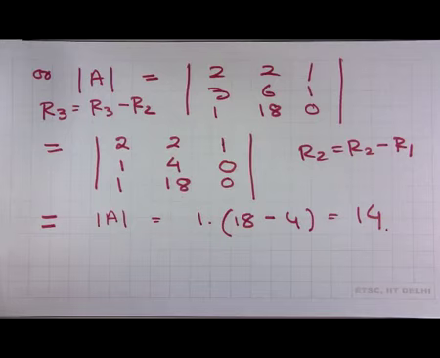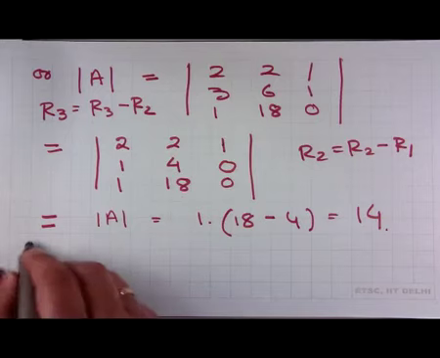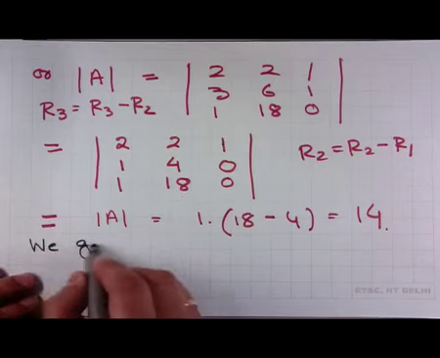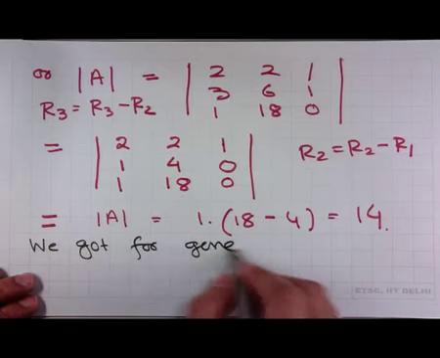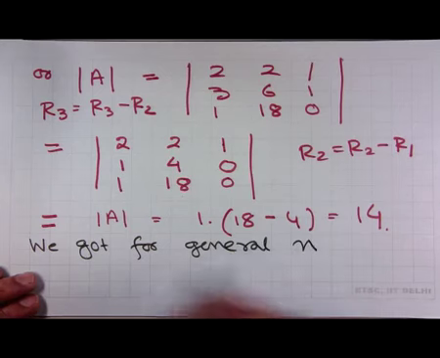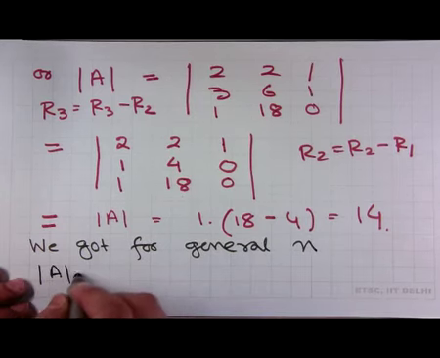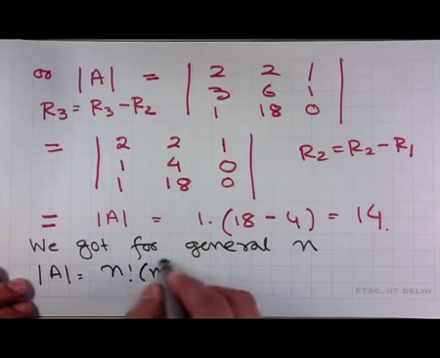Now, if you remember, we got for general n determinant of A is equal to n factorial into n square plus n plus 1.